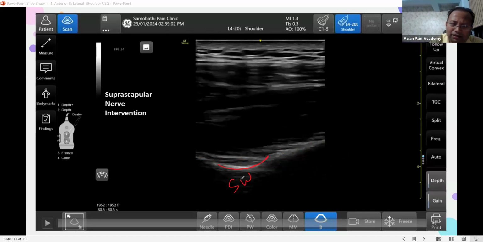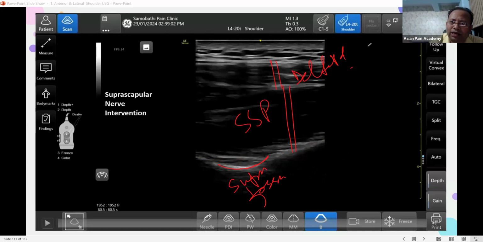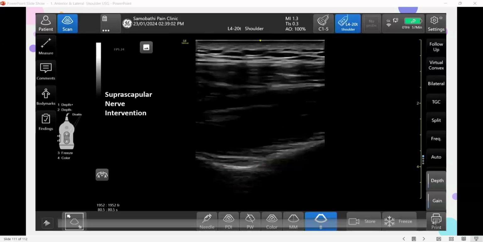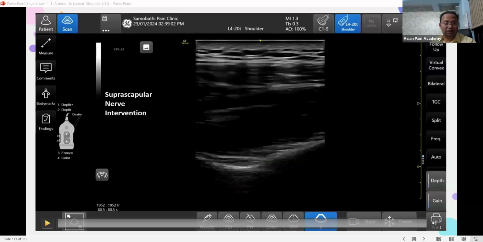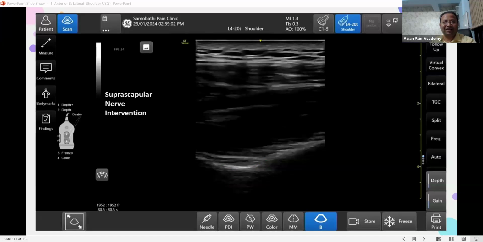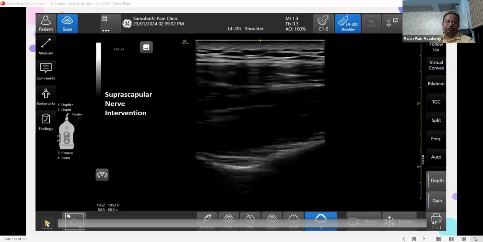This part is supraspinatus. This part is deltoid. Okay, so here it is the long axis view over the scapular spine. Small correction, it is not deltoid, it is trapezius.